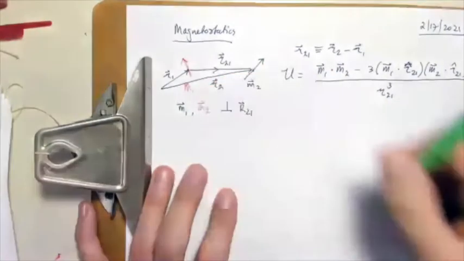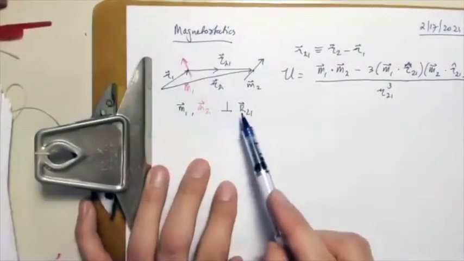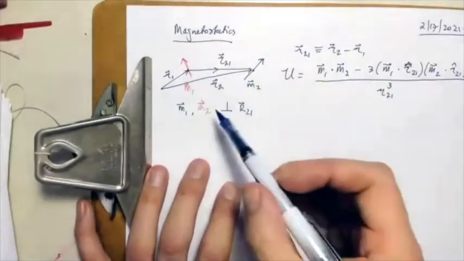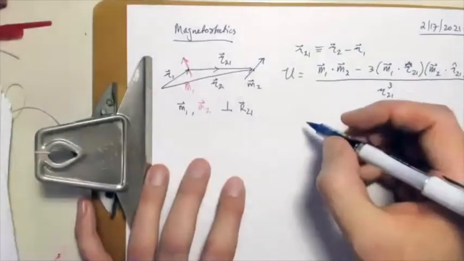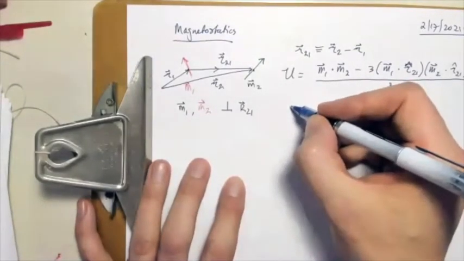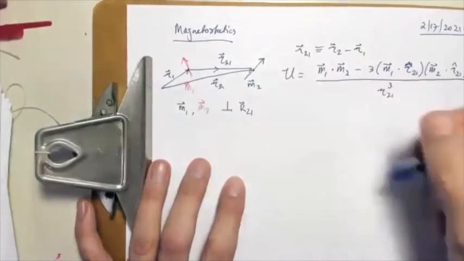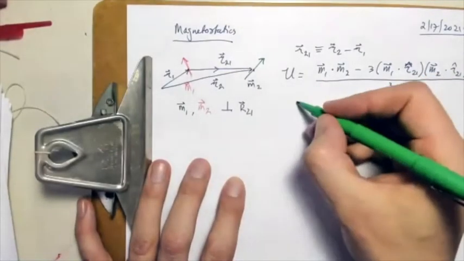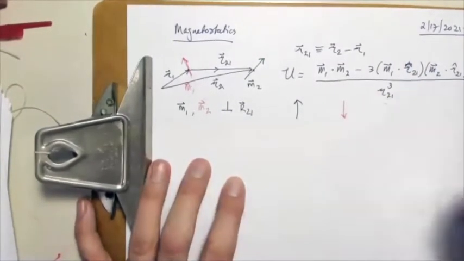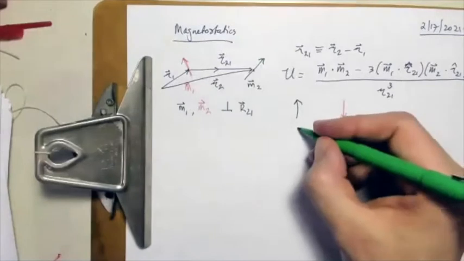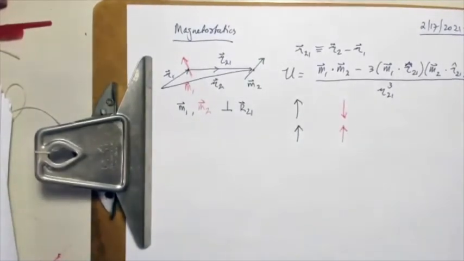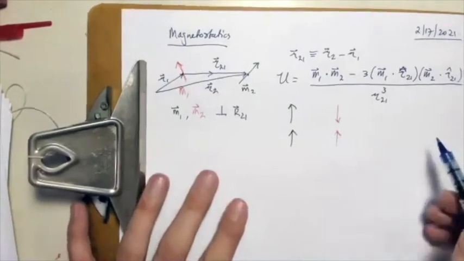All right, so they're both perpendicular to that vector that's joining them. Well, in that case, let's say there are really only two ways. There is an M1 that is pointing like this, and an M2 that's pointing like this, or there's an M1 pointing like this and an M2 pointing like this, right? So same direction or opposite direction.